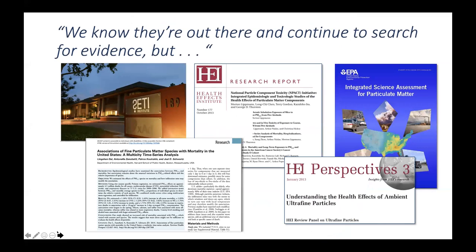For instance, in one study, a particular species might show a strong positive association with a particular health endpoint. But yet another study may come along and observe a null or even a negative association with that same endpoint. So at this point, all PM components are still on the table for determination of which ones are the big threats to public health. And so the search does continue, and there have been, again, many research efforts that have strived to answer the question.